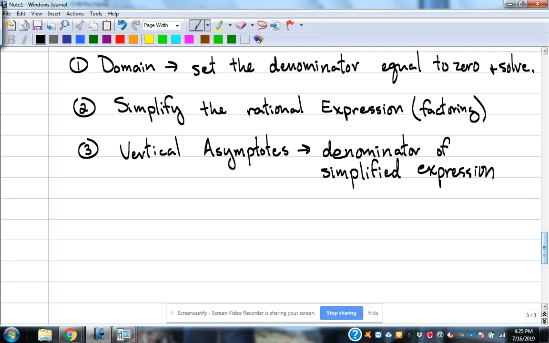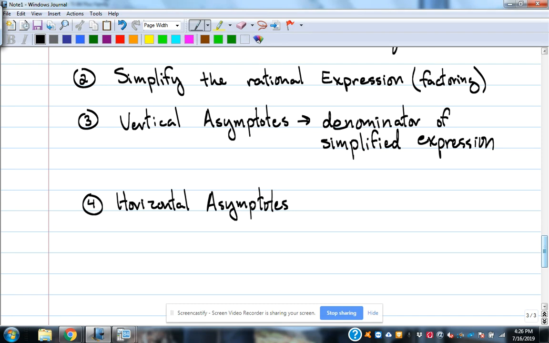And then we get into those horizontal and oblique asymptotes will be the next thing that we're going to find here. So horizontal asymptotes. And there's a couple of rules that apply here with horizontal asymptotes and when they exist for a rational function. Okay, horizontal asymptotes with a rational function.